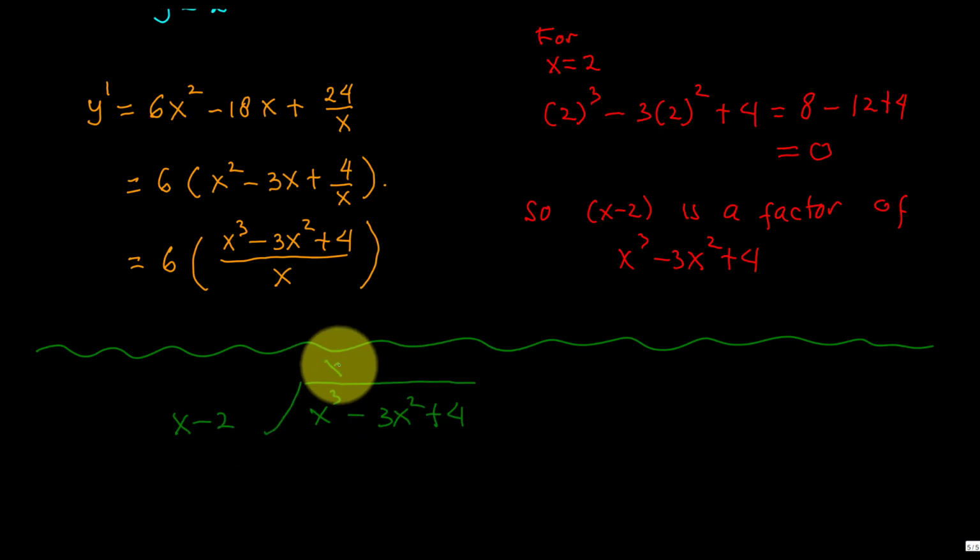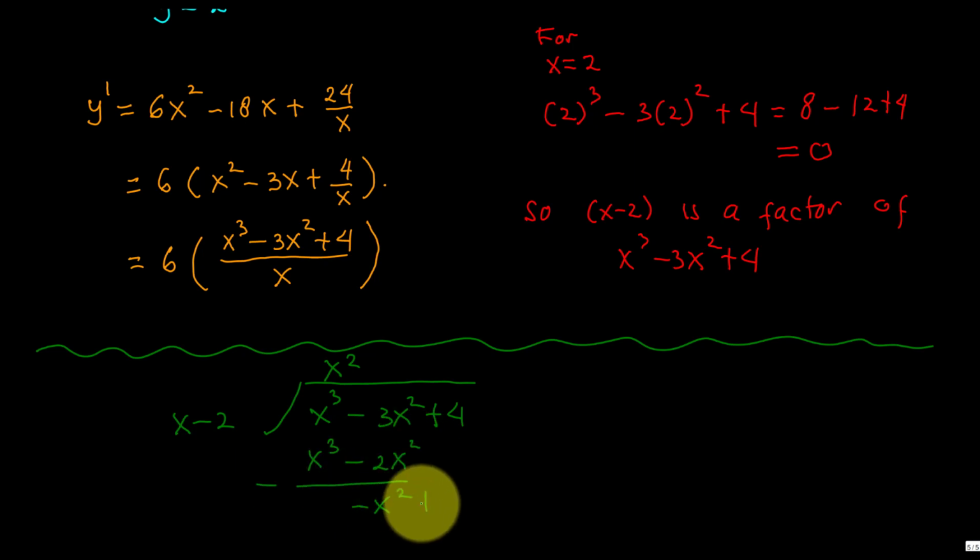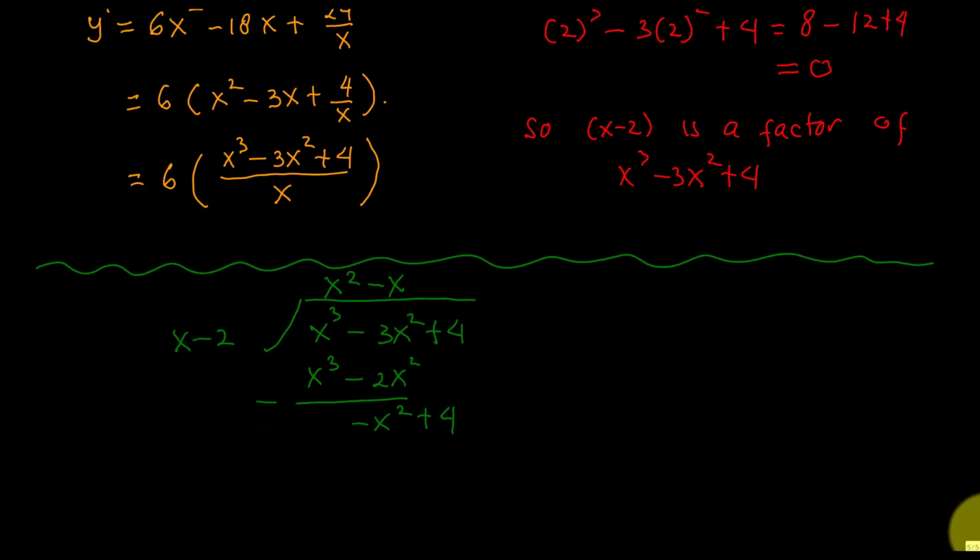It's going to be x squared: x cubed minus 2x squared, and we subtract. So we have minus x squared plus 4. Then we get minus x: minus x squared plus 2x.